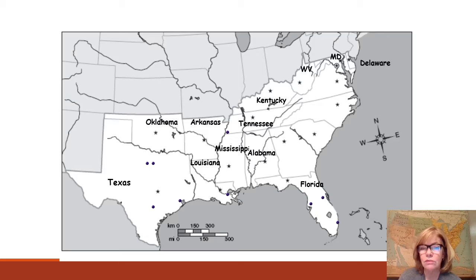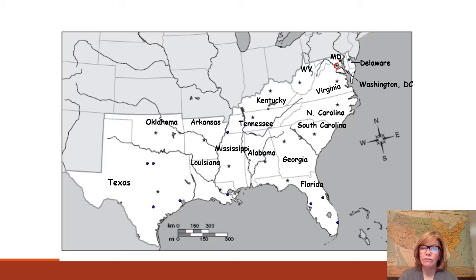Maryland, Delaware, right? It's part of the Delmarva Peninsula. This is Washington, D.C. It's located right there between Maryland and Virginia. It's on the banks of the Potomac River. We'll be looking at that in a little bit more detail. There's Virginia, North Carolina, South Carolina, and Georgia.